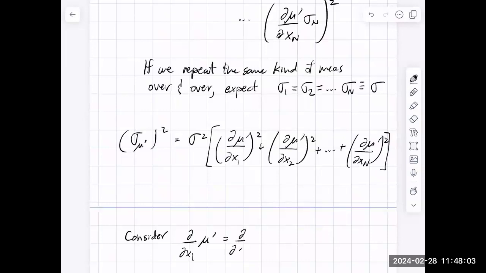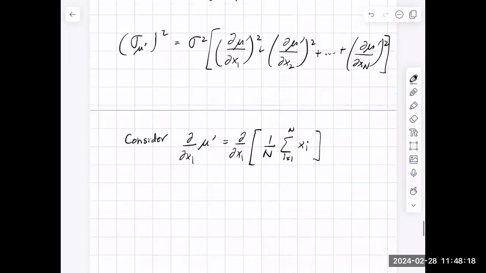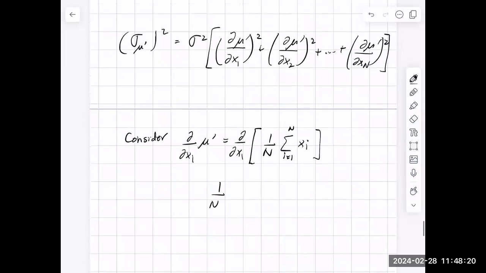Well, mu prime, we just said, was 1 over n times the sum from i equals 1 to n of xi, which is going to be 1 over n times the derivative with respect to x1 of, well, the sum is just x1 plus x2 plus all the way up to xn.